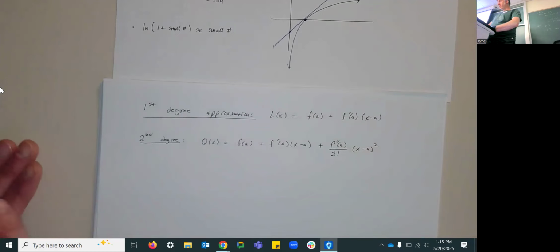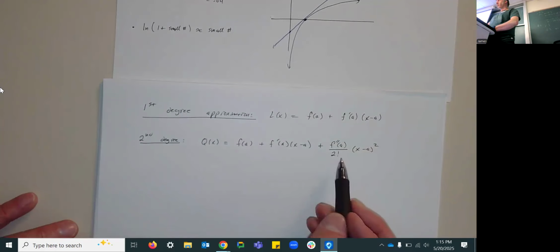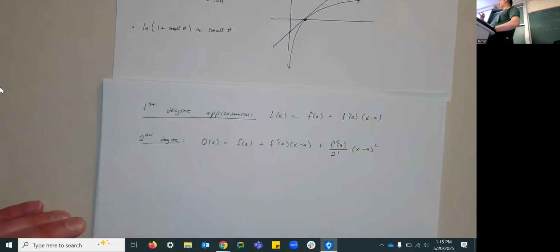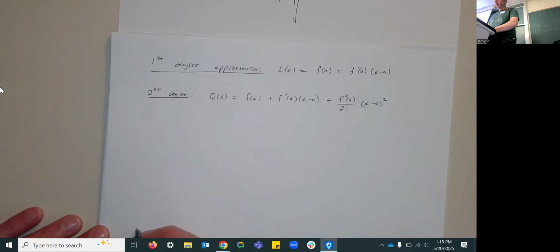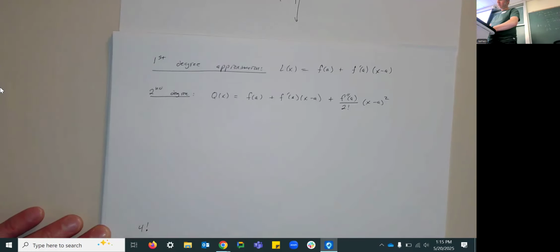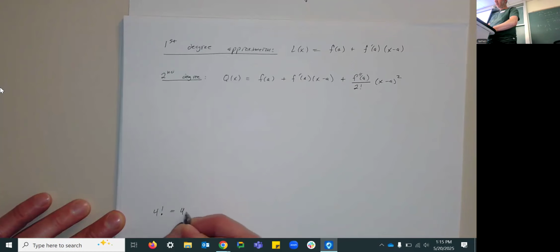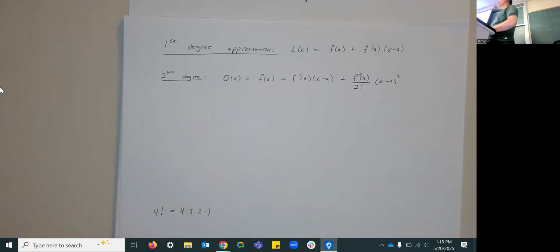Just to make sure everyone's cool with what a factorial is, when we write 2 exclamation point or any number exclamation point, we say 2 factorial. Let me show you a better example down here. 4 factorial just means 4 times 3 times 2 times 1. So whenever someone says this, it just means take that first number and multiply it by every integer until you get down to 1.